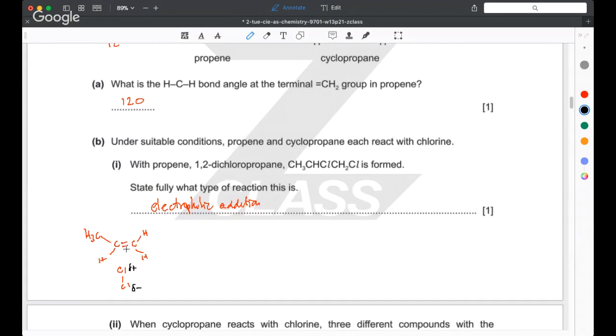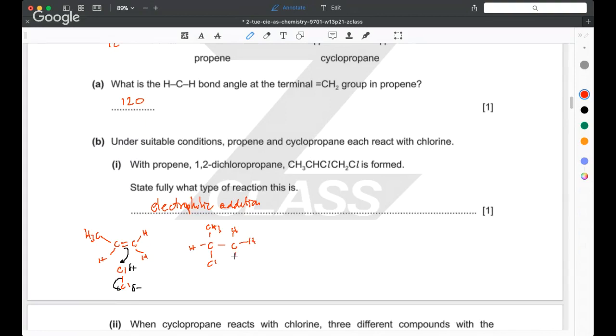And so the steps in the mechanism here is you get a bond pair of electrons moving there and a pair of electrons moving onto the chlorine there. And go back to the red color, and you end up with an intermediate where a new bond has formed to a chlorine atom.